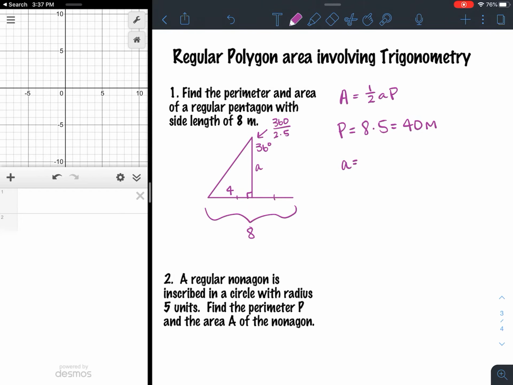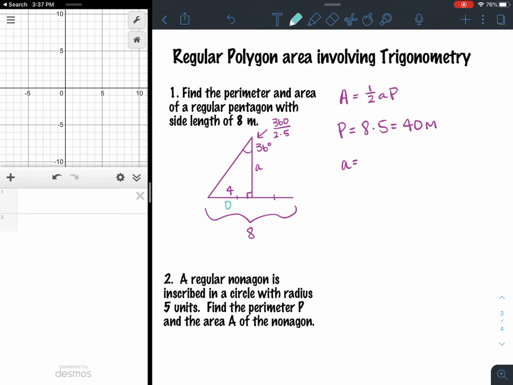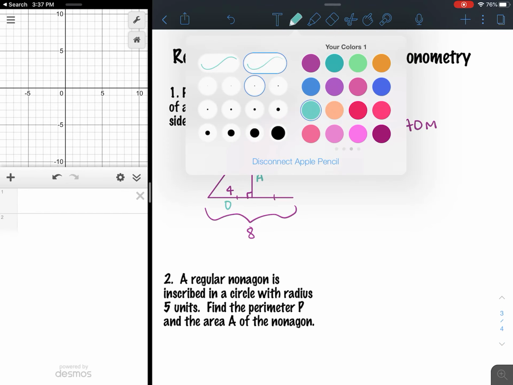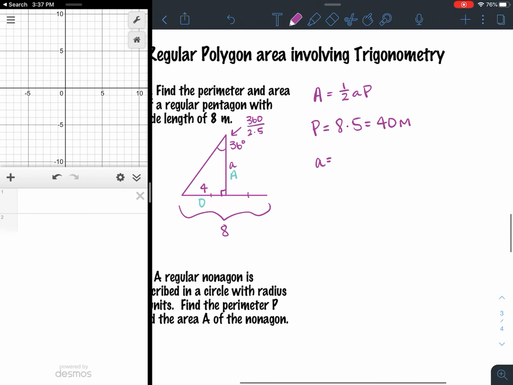Well, if we take a look here, I have my 36-degree angle, and in reference to that 36-degree angle, I have my opposite and my adjacent. So that tells me that I'm going to use my trig ratio of tangent to find my apothem.